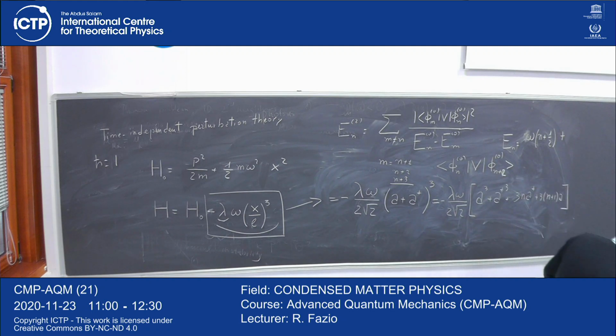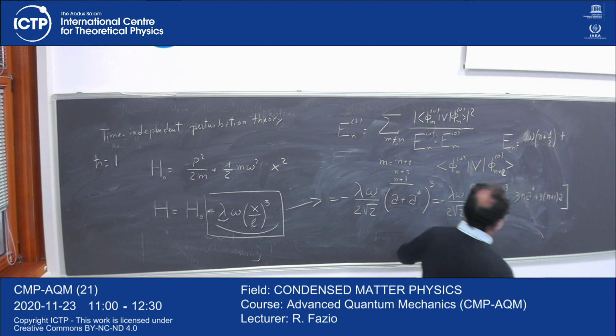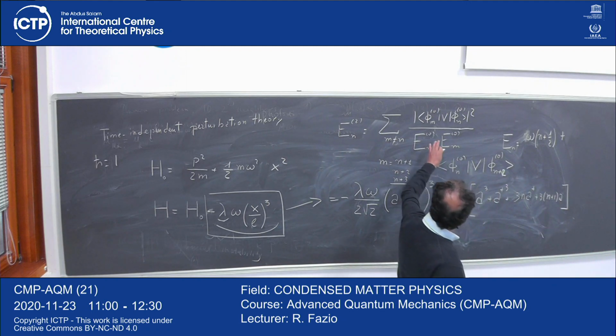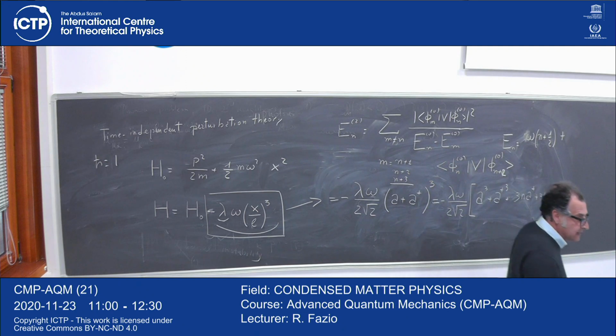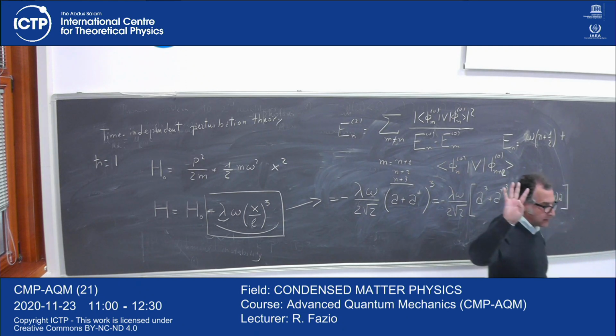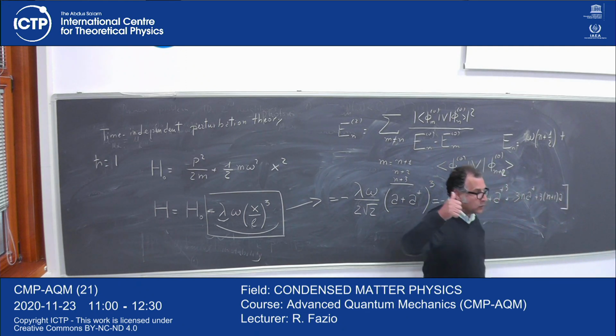Now, at the end, out of this infinite sum, you have only 4 terms that you have to consider: n plus 1, n minus 1, n plus 3, and n minus 3. Now, you know the rules to compute this matrix element.